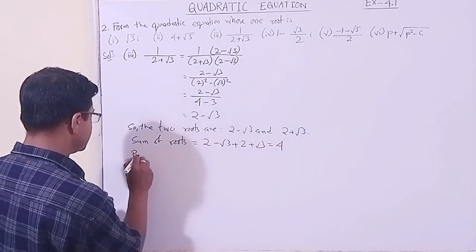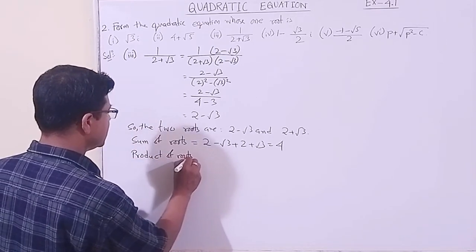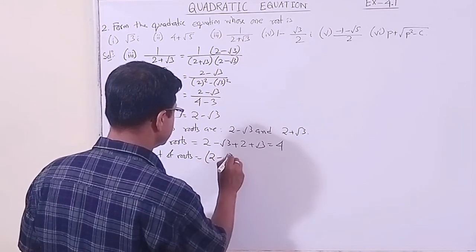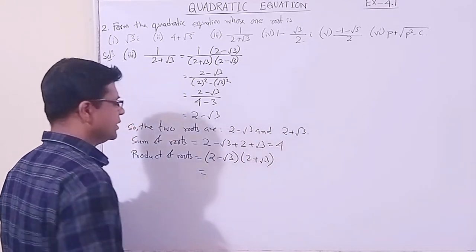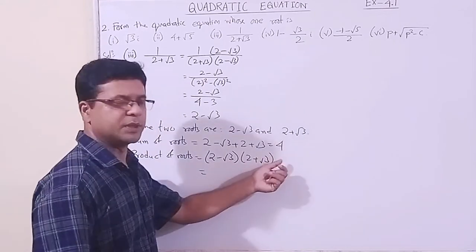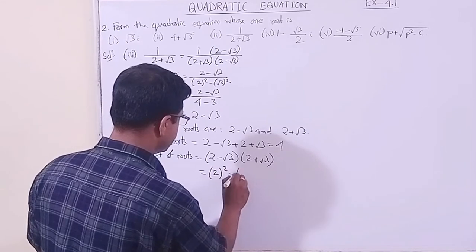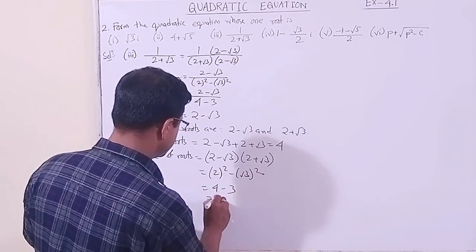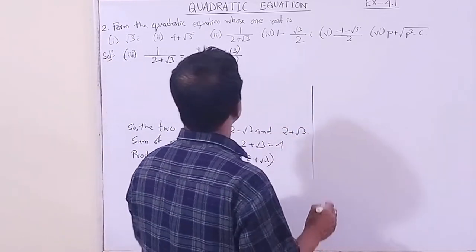Product of roots, let us multiply this into this, 2 minus root 3, 2 plus root 3. Okay, this is of the form again a minus b into a plus b. Okay, what is their product? A square minus b square. 4 minus 3 is equal to 1. Now let us frame the quadratic equation.